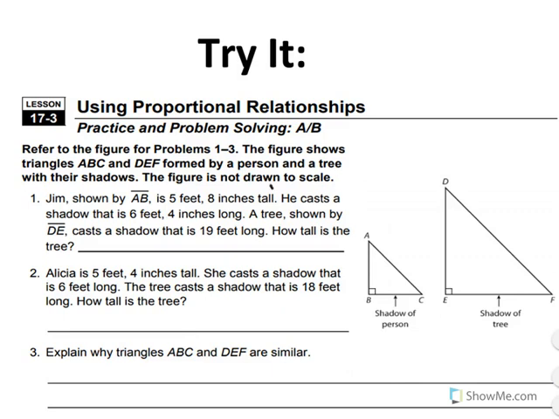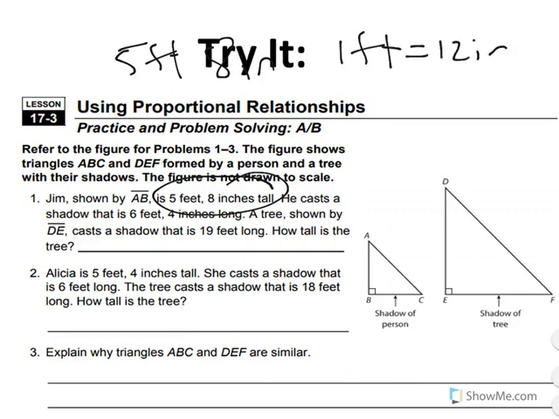Okay, notice that the unit measurements are not the same. So we need to convert everything either all into inches or all into feet, right? So I'm going to convert everything into inches. So we have 5 feet 8 inches. Remember that one foot is equal to 12 inches, right?